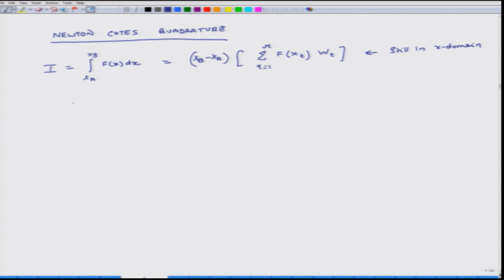So, some important features are: we are still in x domain. Second feature is these quadrature points are evenly spaced.